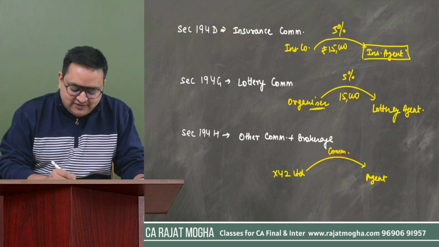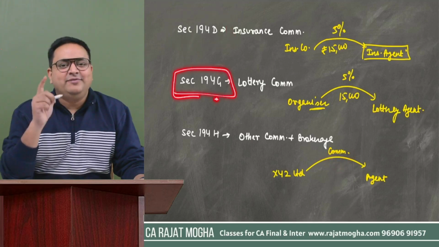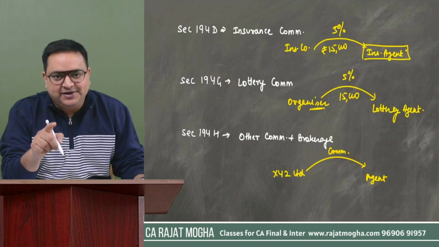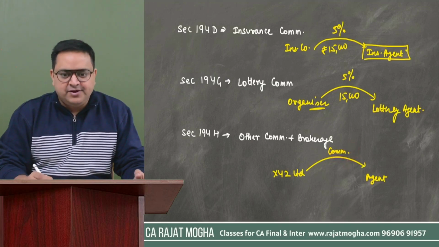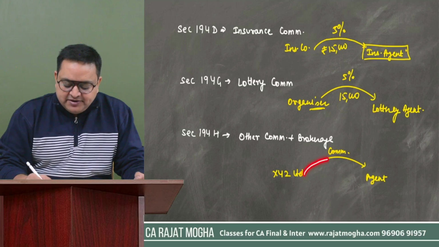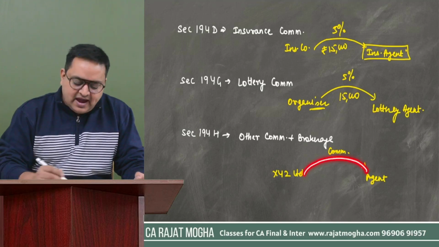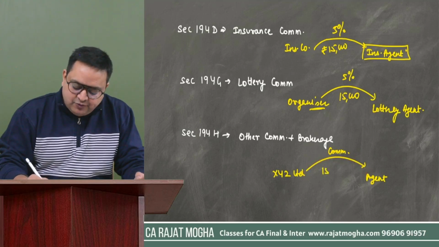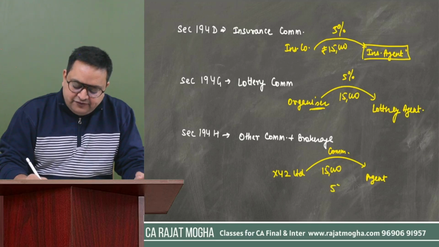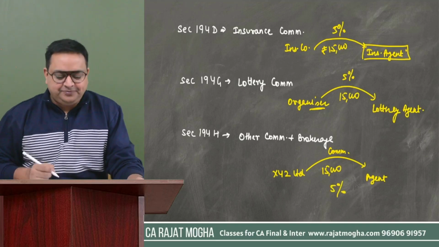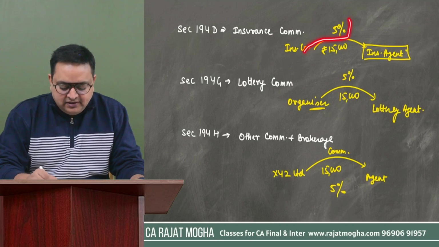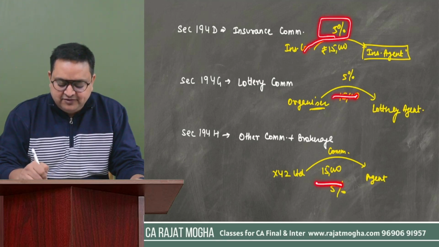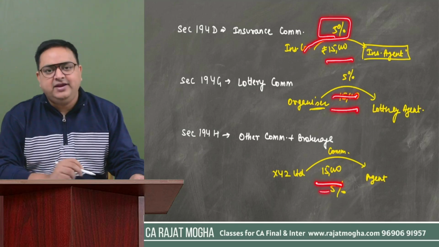No. If it were lottery commission, it would be covered under section 194G. This is other commission or brokerage. Brokerage is also covered over here. So if we are giving commission to any agent, and the amount is more than 15,000 rupees, then the 5% TDS rate will apply. See, so much similarity over here. Here again the TDS rate is 5%, 5%, 5%. Threshold limit is 15,000, 15,000, 15,000 in this case.